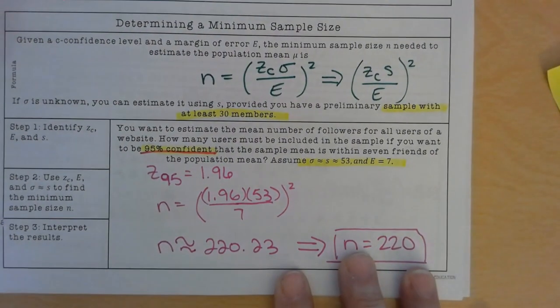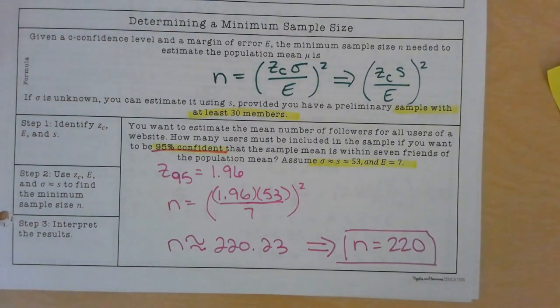Well, if we want a specific confidence level, what sample size do I need to pull so that I can determine what that warranty would be? Okay, so that's a slightly different equation. It's the critical value, z sub c, times the standard deviation, divided by the error.